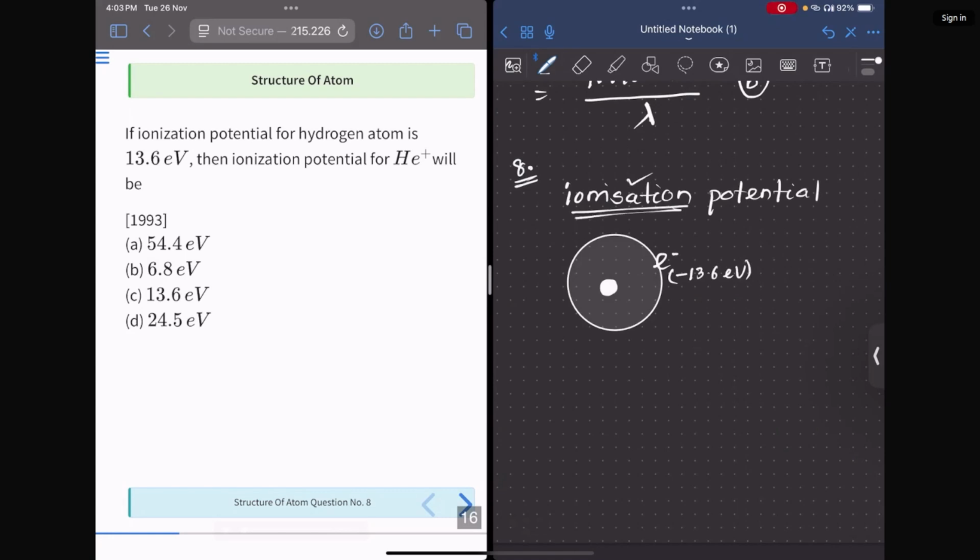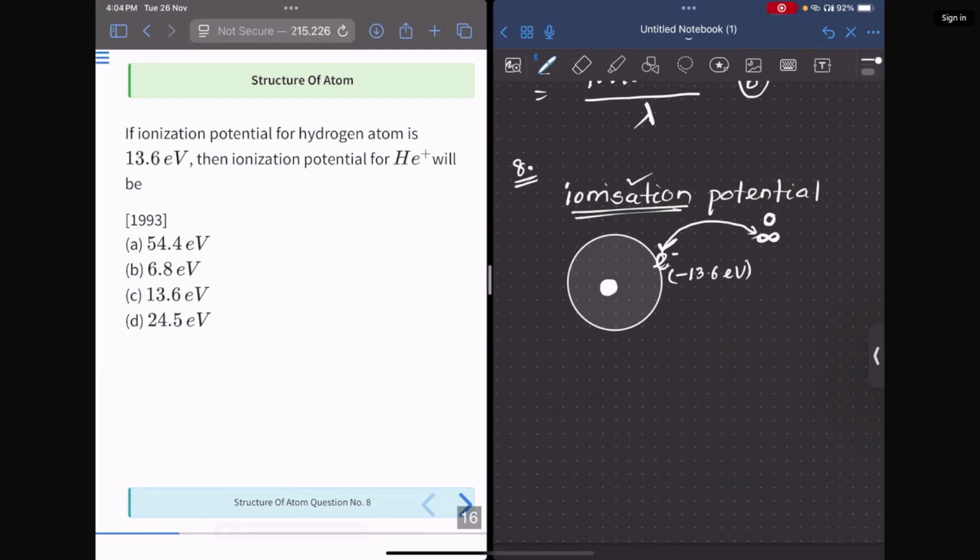Ionization means we have to remove the electron from the atomic structure, from the attractive force of the nucleus. We place it at infinity. At infinity, the energy of the electron will be zero. We had discussed this earlier also. So the energy required to take this electron from the orbit to infinity is called the ionization potential.